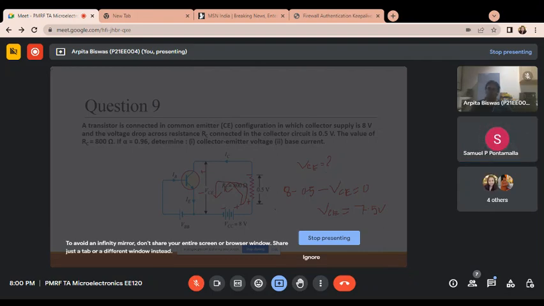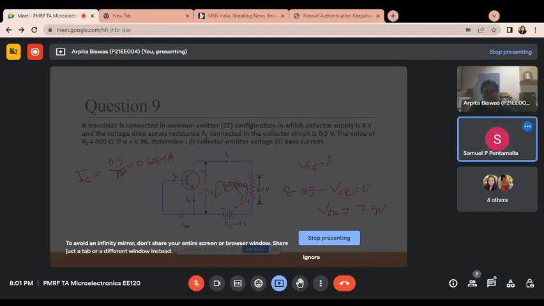So you calculate at first. You have to find out the IC value. And 625 milliamps. I see.